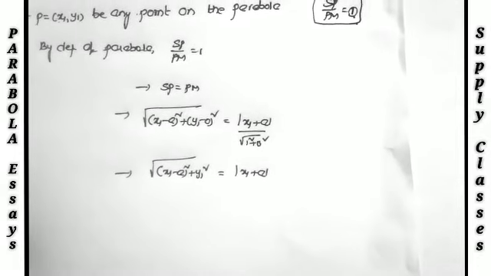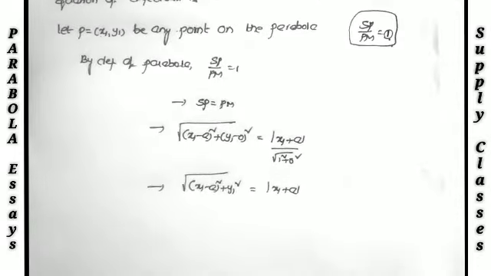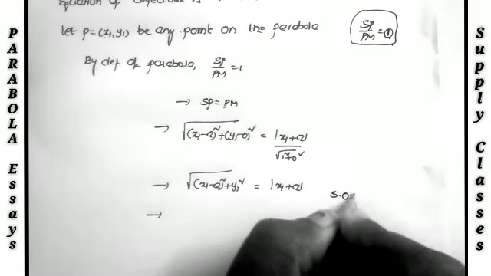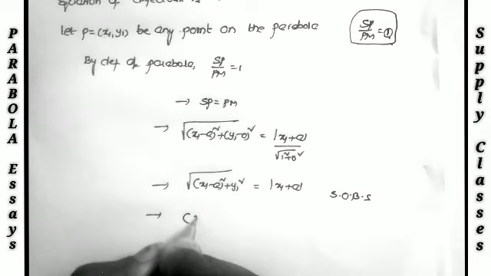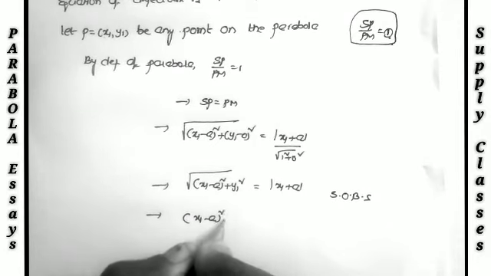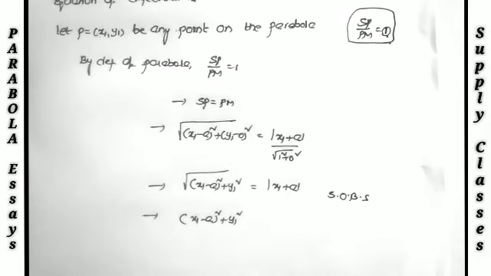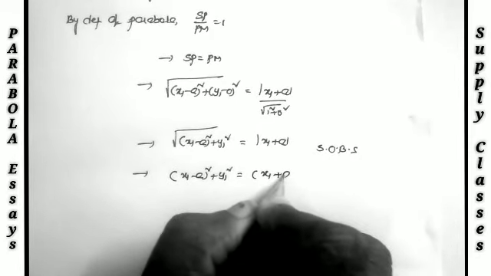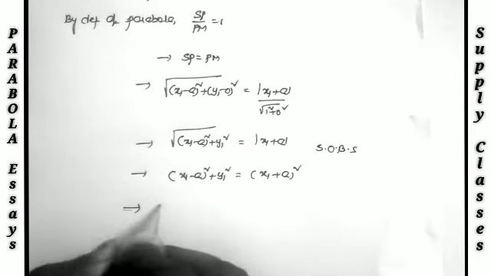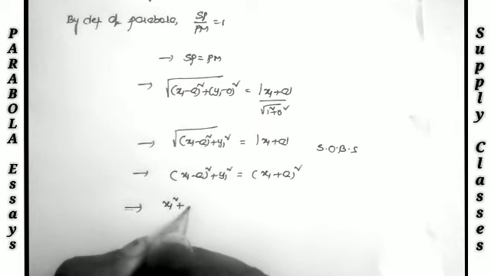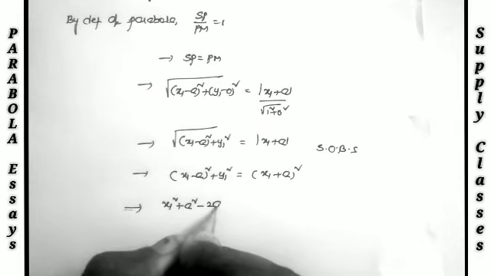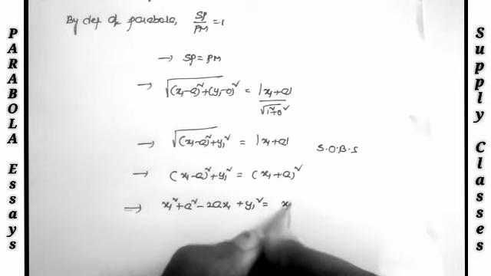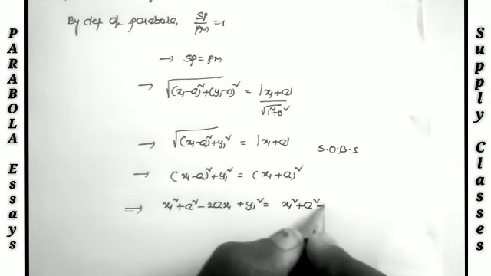Now in the next step, squaring on both sides, what you get is (x1 minus a) whole square plus y1 square is equal to (x1 plus a) whole square. Now taking the expansions, this is x1 square plus a square minus 2a x1 plus y1 square is equal to x1 square plus a square plus 2a x1.